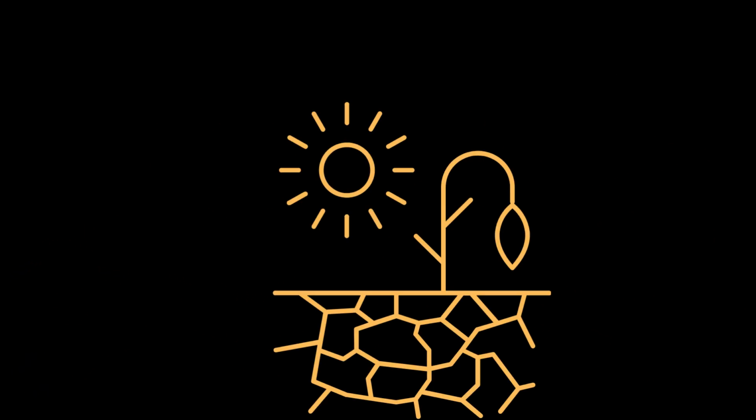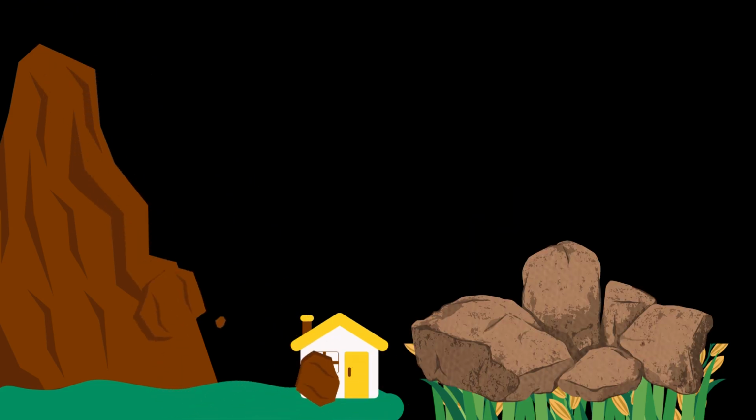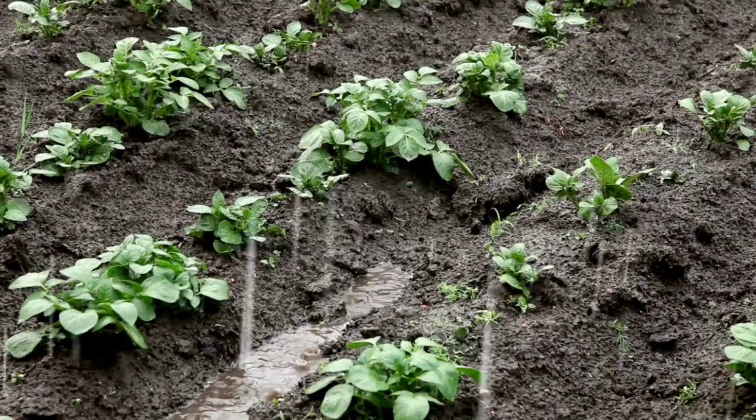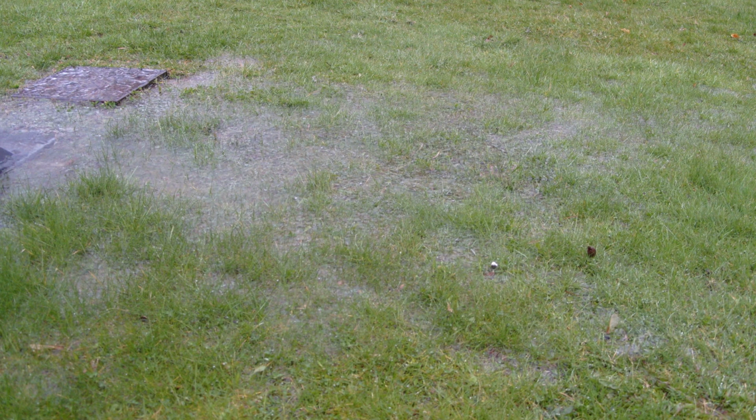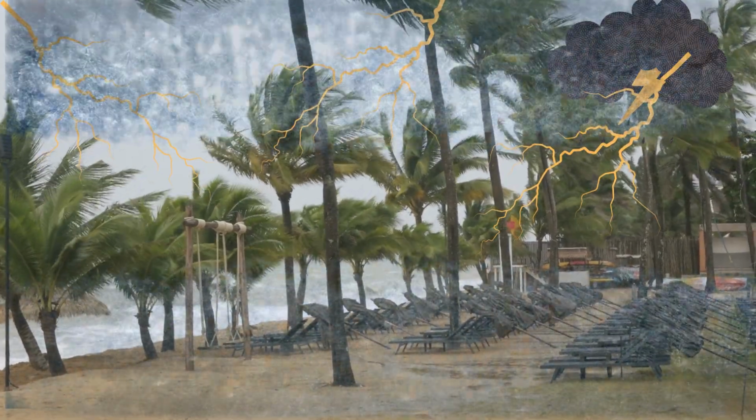On the contrary, a tornado, a storm, a drought, or a landslide could destroy that crop or that plant. The plants which have already grown and have turned into a tree can tolerate these events to a certain extent.